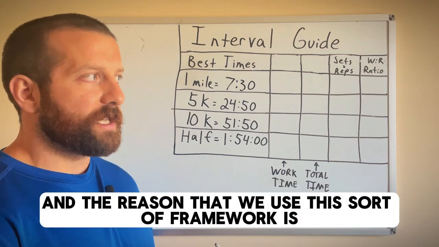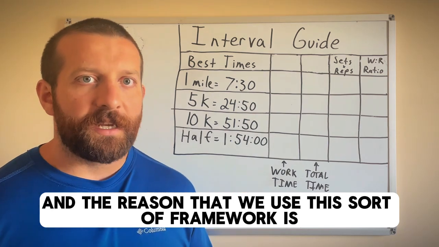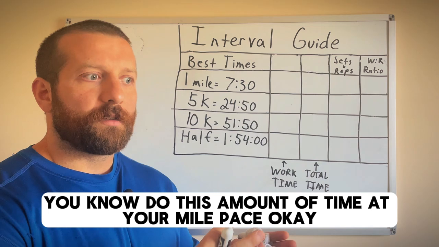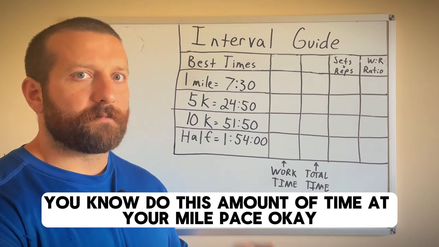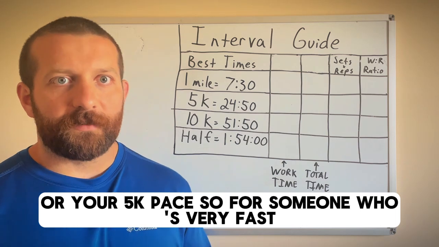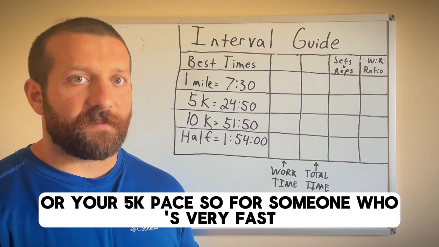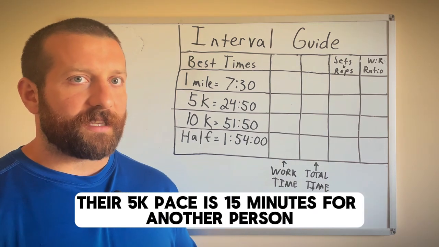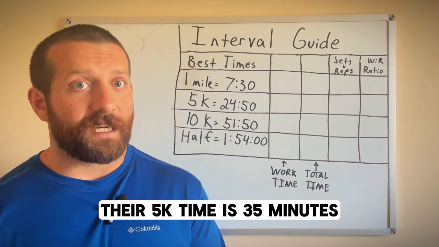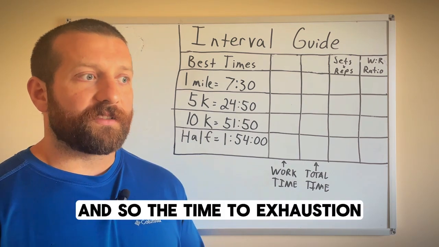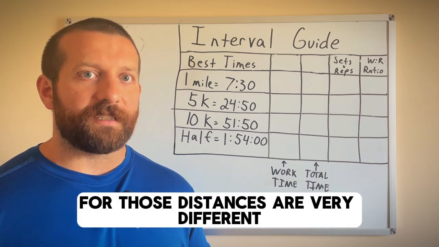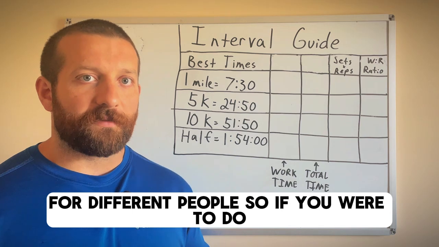The reason that we use this sort of framework is because if we just say, do this amount of time at your mile pace, or your 5K pace, that varies a lot. For someone who's very fast, their 5K pace is 15 minutes. For another person, their 5K time is 35 minutes. So the time to exhaustion for those distances is very different for different people.